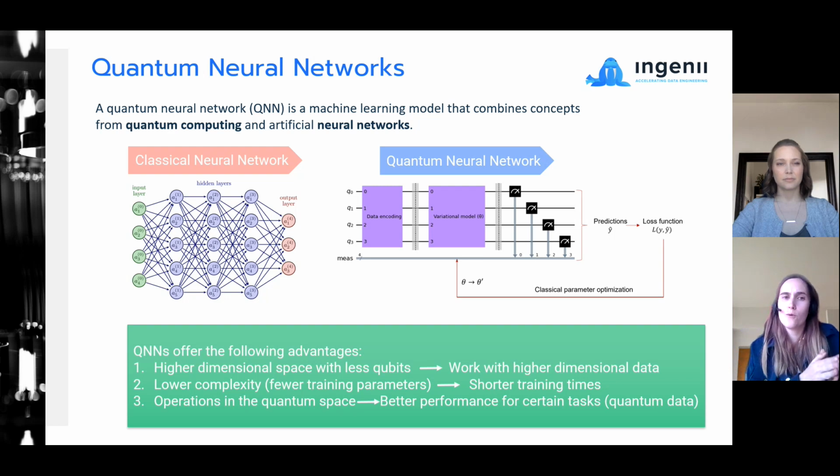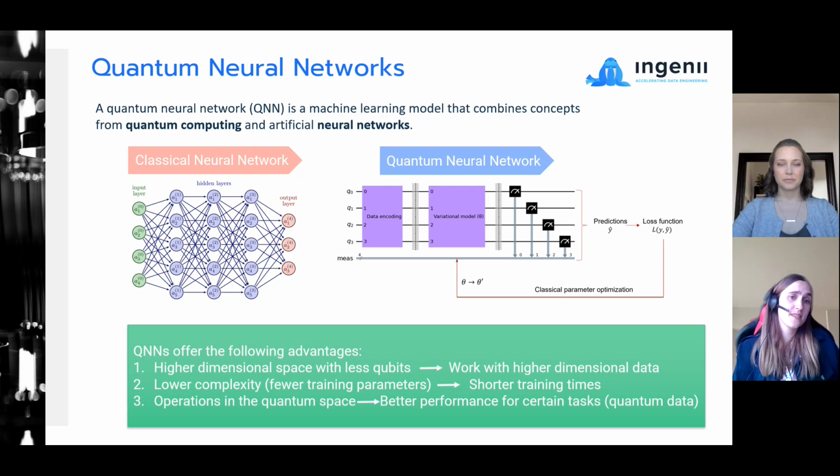So in this example, we see that we have 4 qubits, so we are able to encode data of size 2 to the 4, that is 16. But of course, as the number of qubits increases, this exponential scaling allows you to work with larger and larger data sets. So this is one of the first advantages, that you can work with larger data.